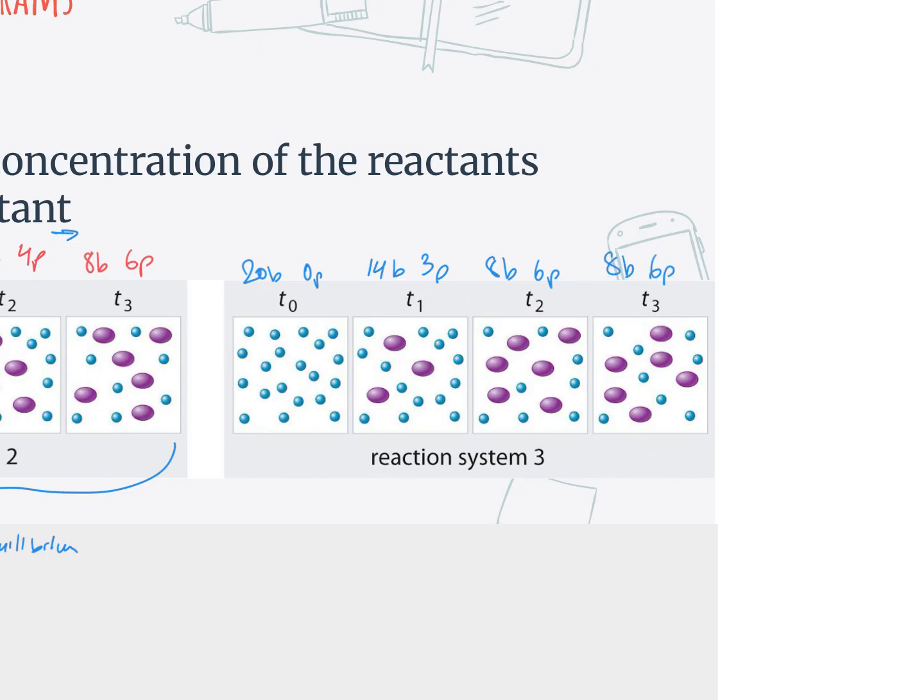So similar to the first reaction scheme here, at T2 and T3, we are at equilibrium. Even if, in this case, we're making the purples a lot faster, that doesn't really matter. At T2 and T3, we have the same amount of blue and purple, and so that means that we are at equilibrium, as in you're making purple at the same rate that you're making blue. So this here is not at equilibrium.